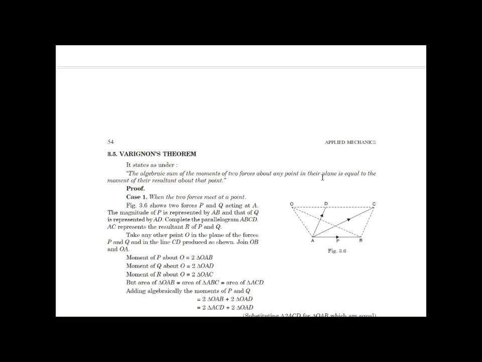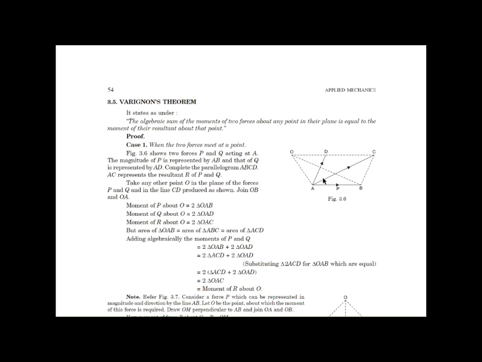Varignon's theorem states that the algebraic sum of the moments of two forces about any point in their plane is equal to the moment of their resultant about that point.